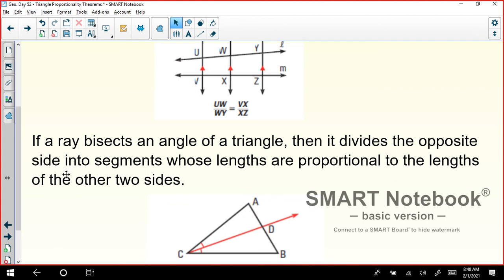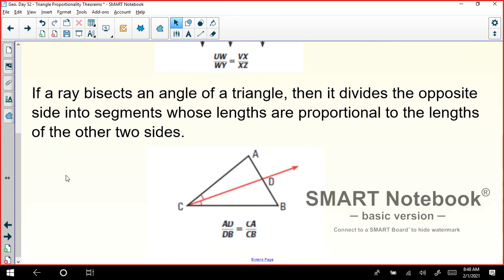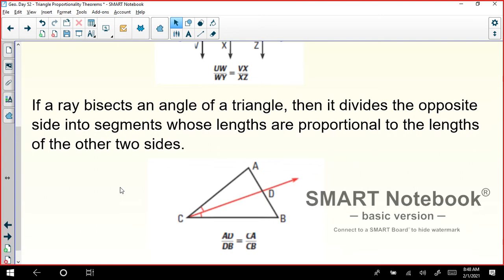What that means is, supposing I have a ray which bisects angle C such that angle ACD equals angle DCB, then AD over DB will be equal to CA over CB. This is your third triangle proportionality theorem.